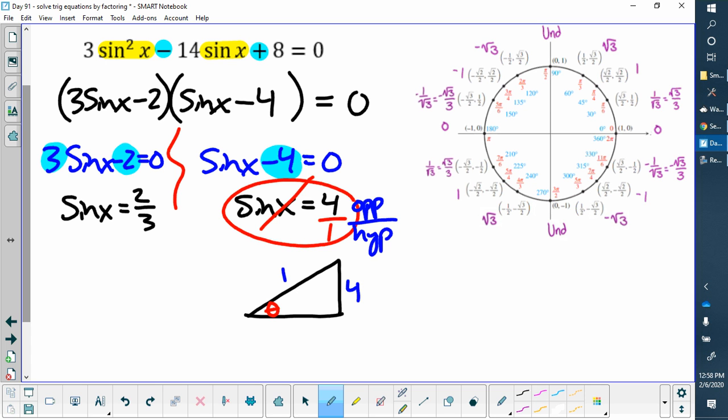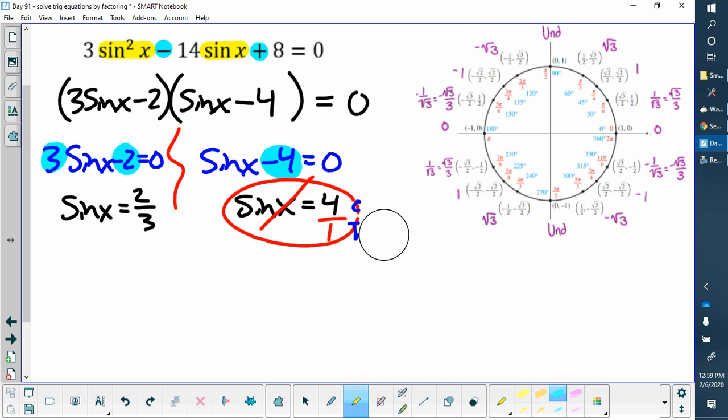And you are never going to have a right triangle where this opposite side is larger than the hypotenuse. So if you do not have a fraction that's less than 1, it doesn't matter if this were positive or negative. I could have triangles that go up or down. It's not going to work. So, impossible.